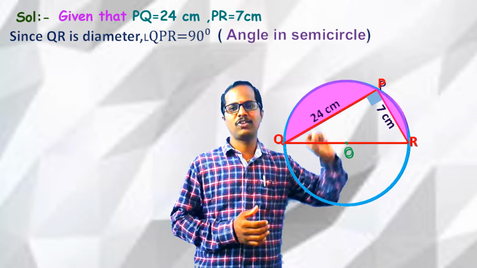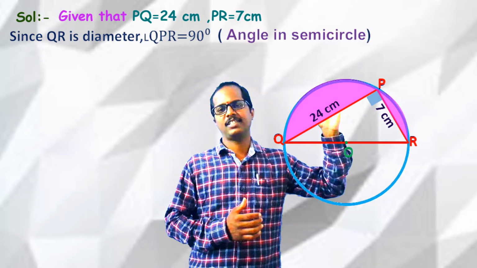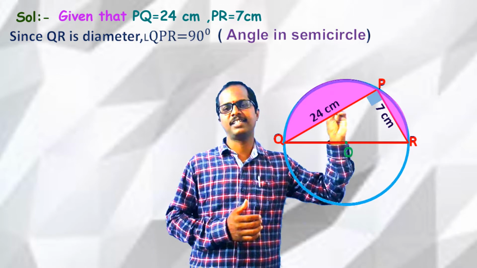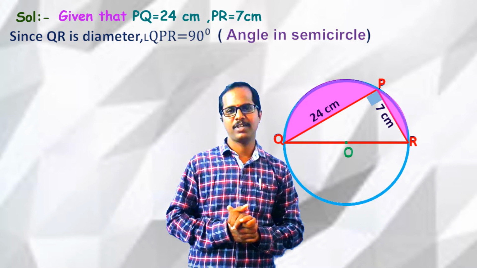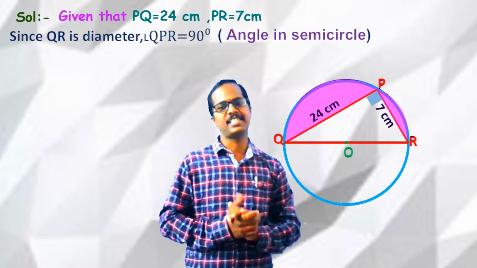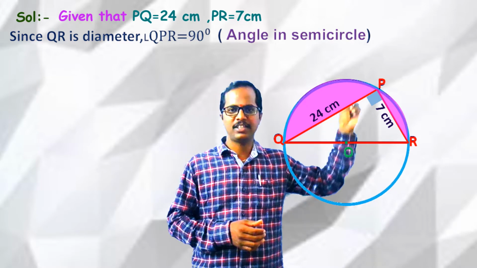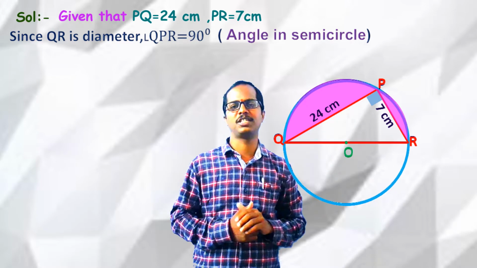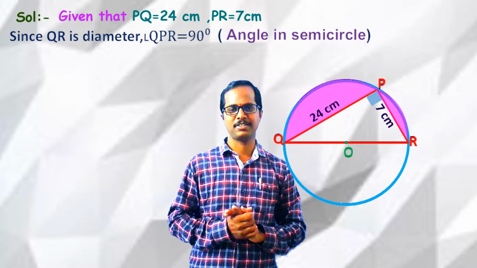Therefore, angle QPR is 90 degrees. So if angle QPR is 90 degrees, then this triangle is a right angled triangle. So now QPR is a right angled triangle, and in this right angled triangle we have the length of PQ, that is 24 centimeters, and the length of PR, that is 7 centimeters.